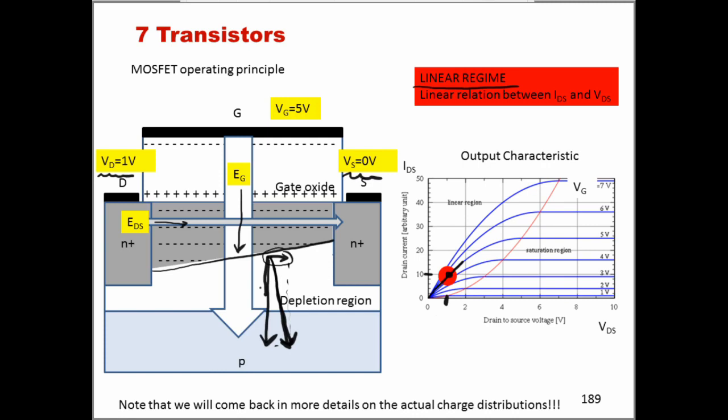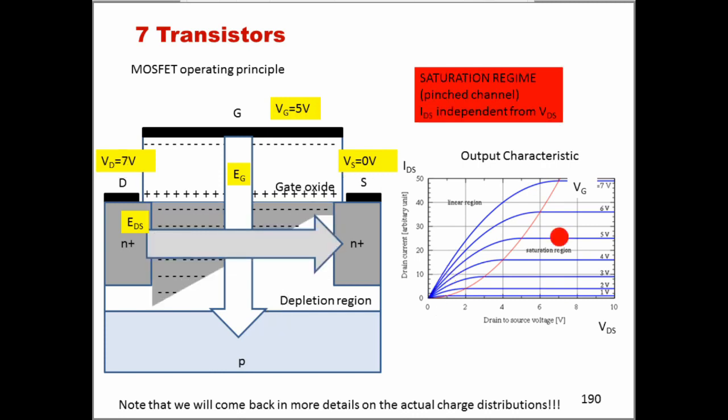This means that if we keep increasing the horizontal electric field, what will happen is that at a certain point the sea of electrons that form the channel will be pushed to one side, effectively strangling the channel at one end.